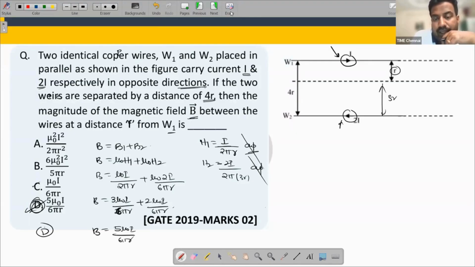Raj, Bhumika, any doubts? Okay, so that's how we try to solve the parallel wire one.